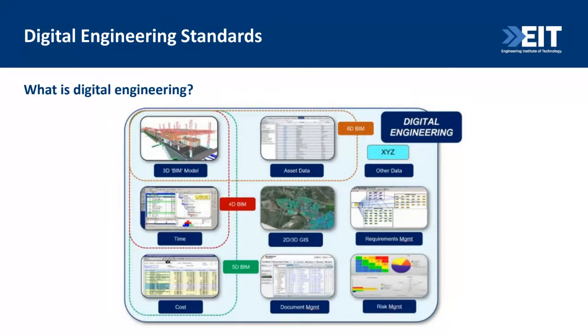As you can see in this picture, only one part is the 3D BIM, where we have some software developed right now, AutoCAD BIM or something like that. By the way, we need to connect the databases with, for example, time.